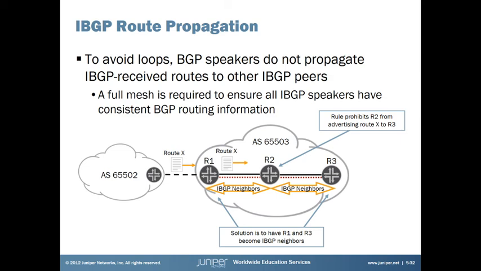So the standard logic is that you must have a full mesh of peering arrangements between all of your BGP speaking routers. Now, that can cause some problems with scalability if we have a lot of BGP speaking routers, but there are solutions to that, which we'll take a look at later on.